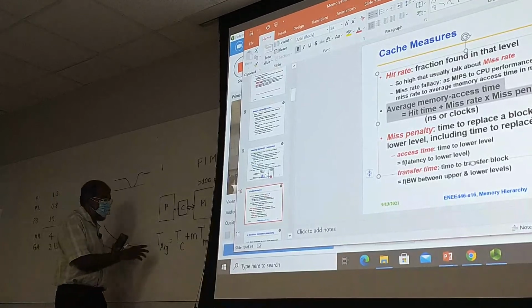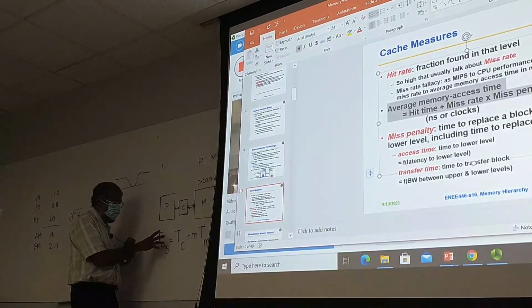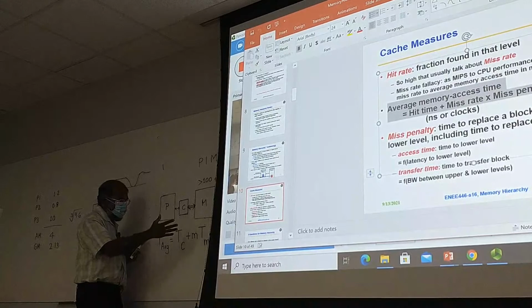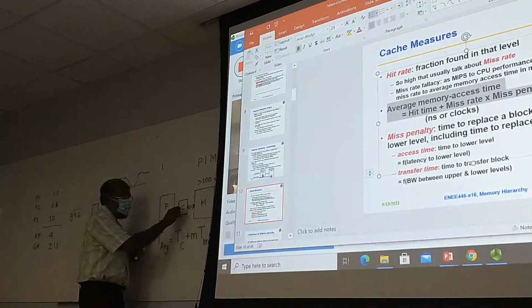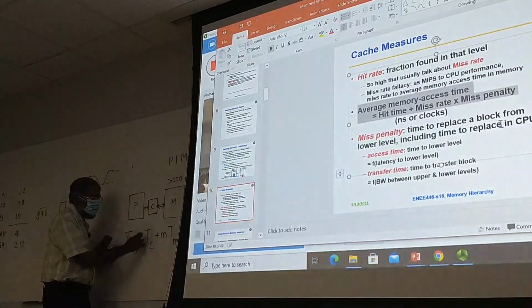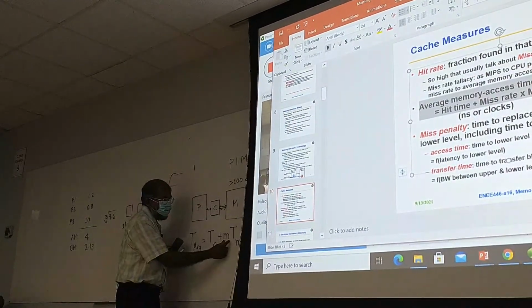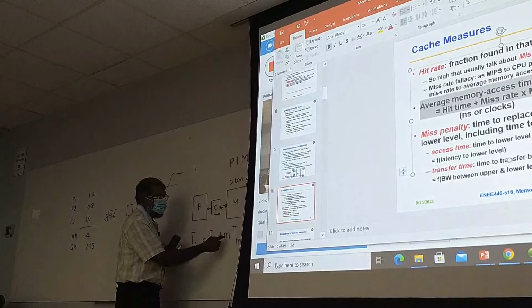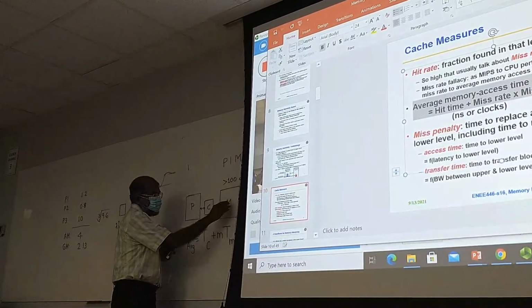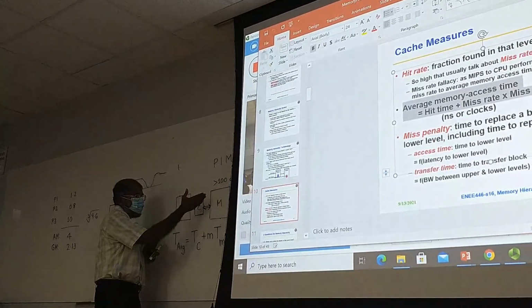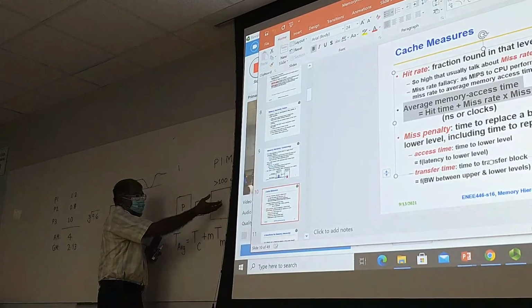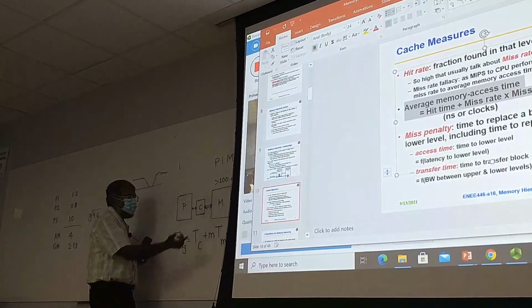The reasoning for this is that every memory access needs the time to access the cache, plus this fraction of the time it's not there, so you have to service that miss. Mainly send the request to the next level and get the data from there.